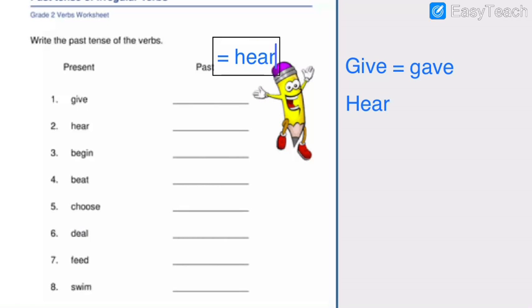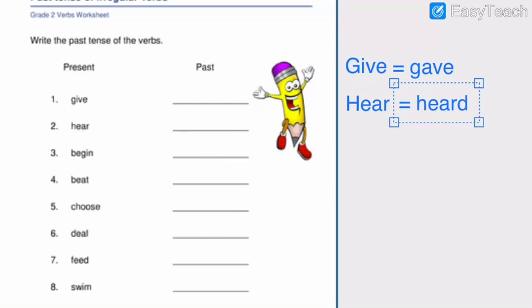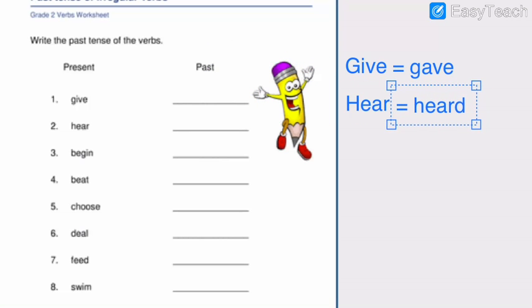So, hear becomes heard. Hear becomes heard. H-E-A-R-D, heard. If you remember, in exercise number 3, this word was there. Now, next is begin, B-E-G-I-N, begin.